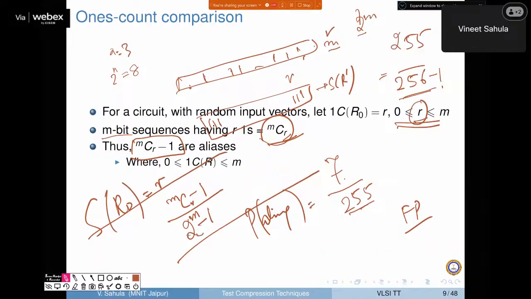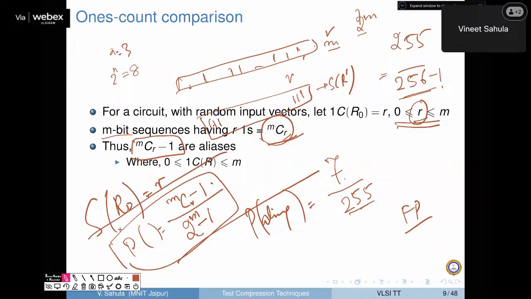And aliases are mCr minus 1. So this is the probability of aliasing for r bits. If you put r equal to 1, you get the same number we got in the previous slide. If r is more, you get some different number. So this probability of aliasing, what's the distribution? Probability of aliasing, this distribution.